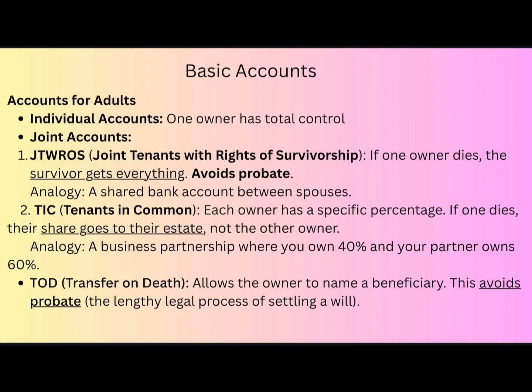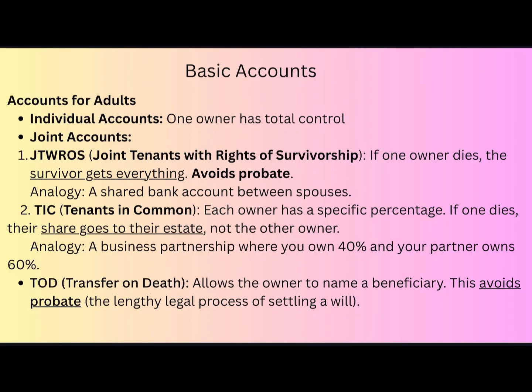All tenants in the account have an undivided interest in the account, meaning all tenants own all of the account equally. If one tenant dies, then the account remains the property of all the surviving tenants. This type of registration is very common for married couples. So if one dies, the surviving spouse may continue managing the account with little difficulty.